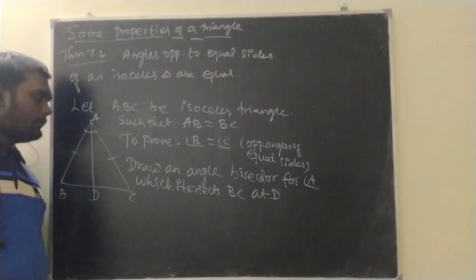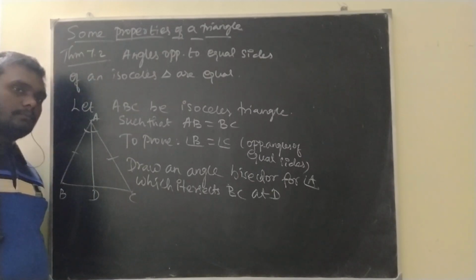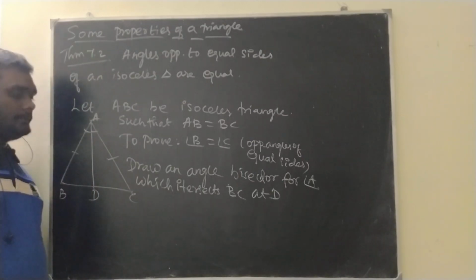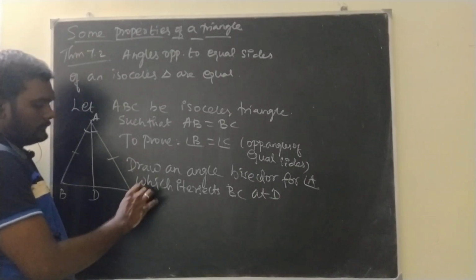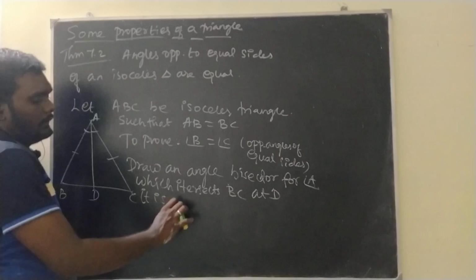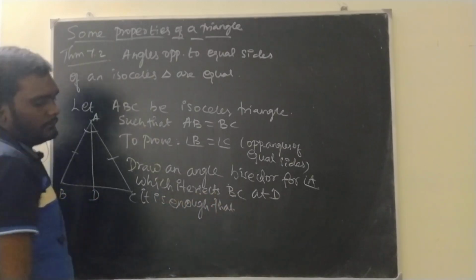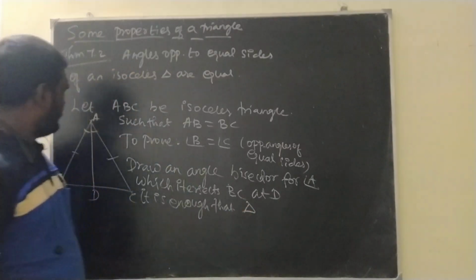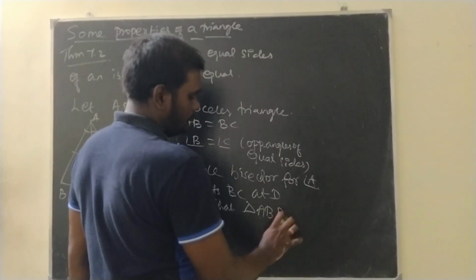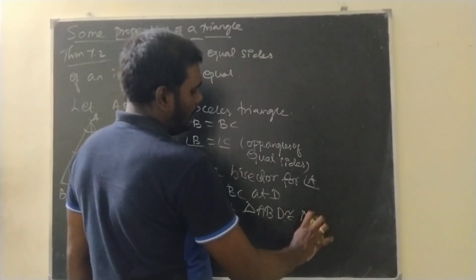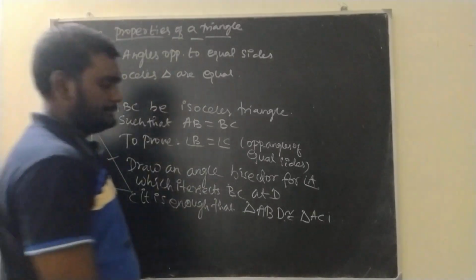Can you guess how we can prove? By making these 2 triangles congruent. To say these 2 triangles are congruent, it is enough that triangle ABD is congruent to triangle ACD.